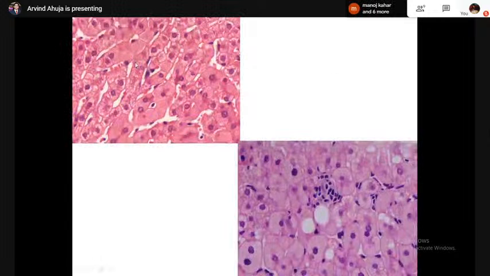So this is a picture of ground glass hepatocytes. You can see the nucleus is pushed to the periphery, and there are pale appearing hepatocytes with some ballooning, which is due to hepatitis B surface antigen filling the endoplasmic reticulum.